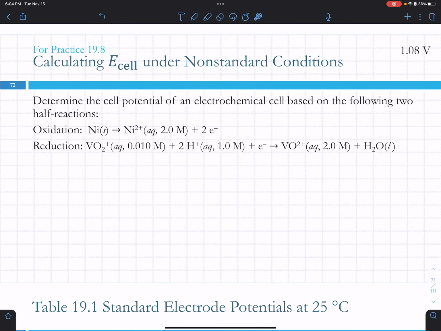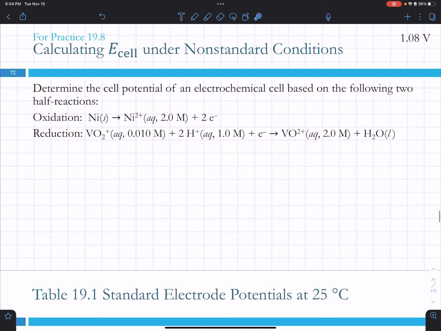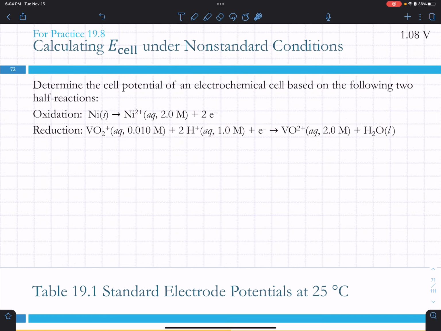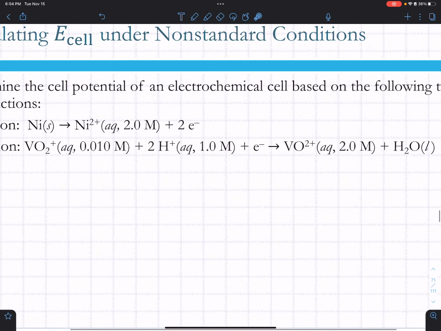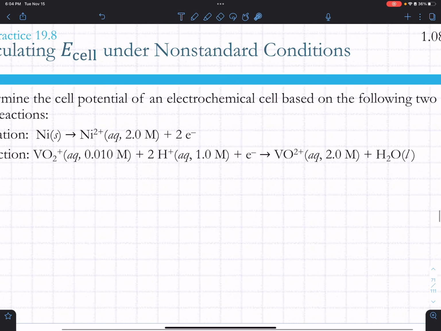Determine the cell potential of an electrochemical cell based on the following two half reactions. And for once, we're given them as the oxidation and the reduction half reactions. But that means we have to combine them to get the full reaction, and it's not balanced. Why are these two half reactions not balanced? What's missing?